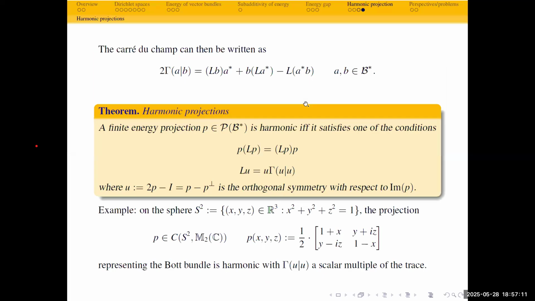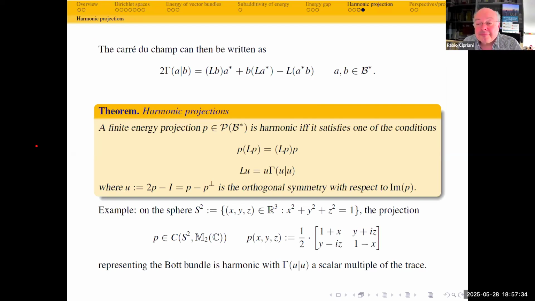May I have a question? Yes. About the last point of your talk, the existence of harmonic projections minimizing energy. When I was asking you about positive definiteness of this Dirichlet form, I was interested in uniqueness of the minimum of this functional, which is harmonic in your sense.